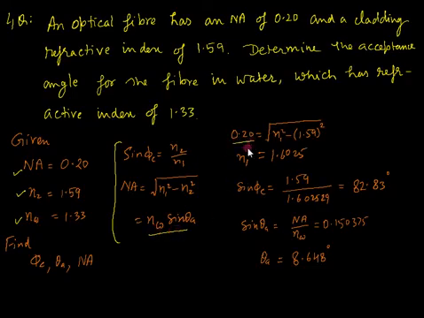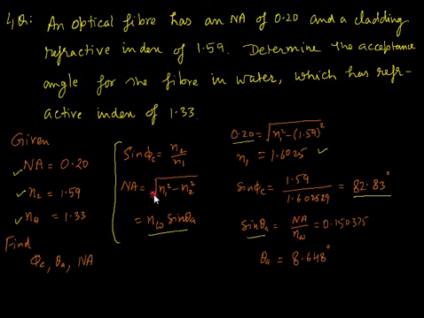So now, NA 0.20 is given, n1 is unknown, n2 is given. From this formula you can solve this value, and n1 is equal to 1.60. Sin phi c is n2 upon n1. By putting those values you calculate this one. Sin theta a, you have to remember, is NA divided by Nw.